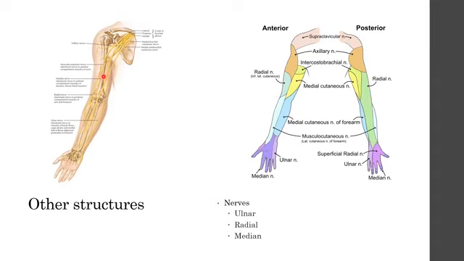So not only everything here, but essentially all of our muscles that extend our wrist and our hand will be supplied by branches from the radial nerve. That's all I want you to know. So when you think about the posterior side, just think radial nerve, all right?